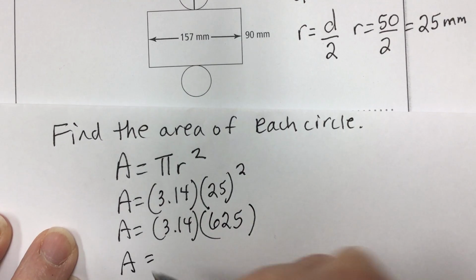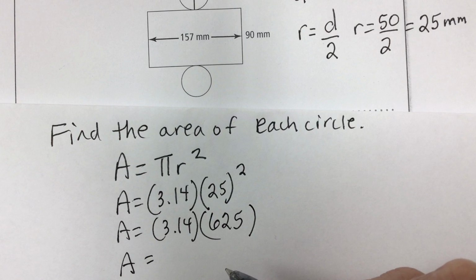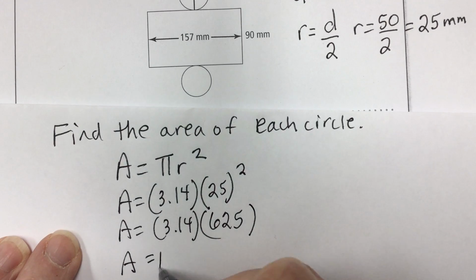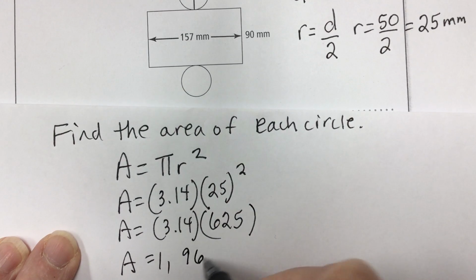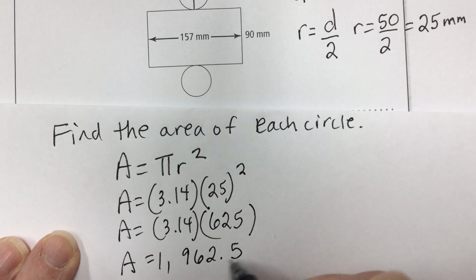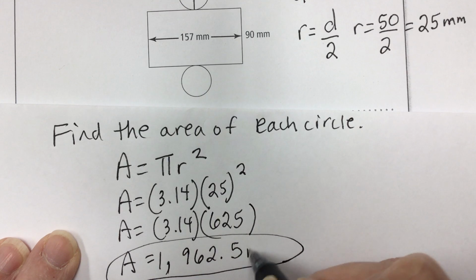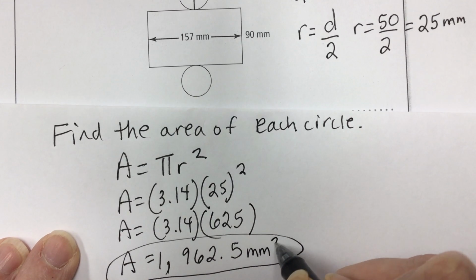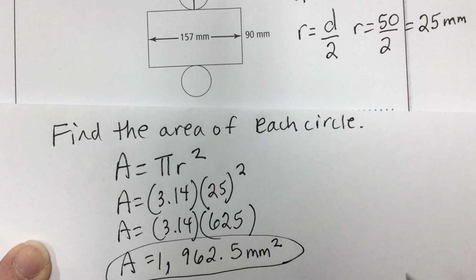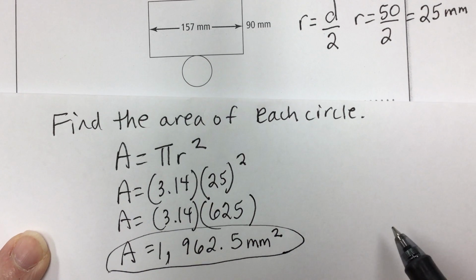And so when you multiply 3.14 times 625, you end up with 1,962.5, and that is millimeters squared. Area is always your units squared.